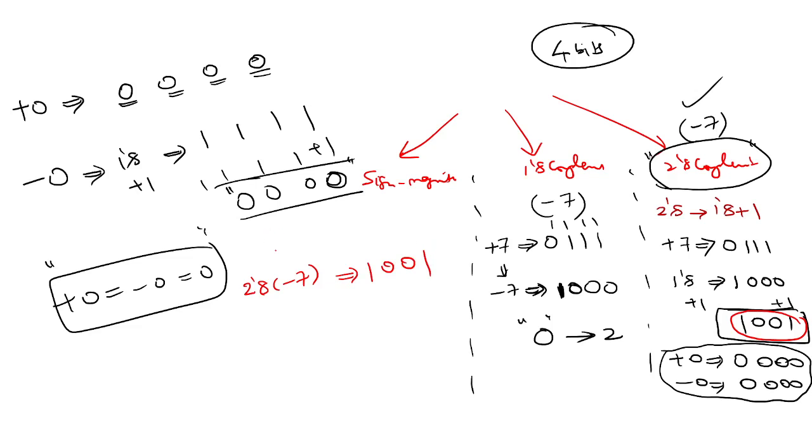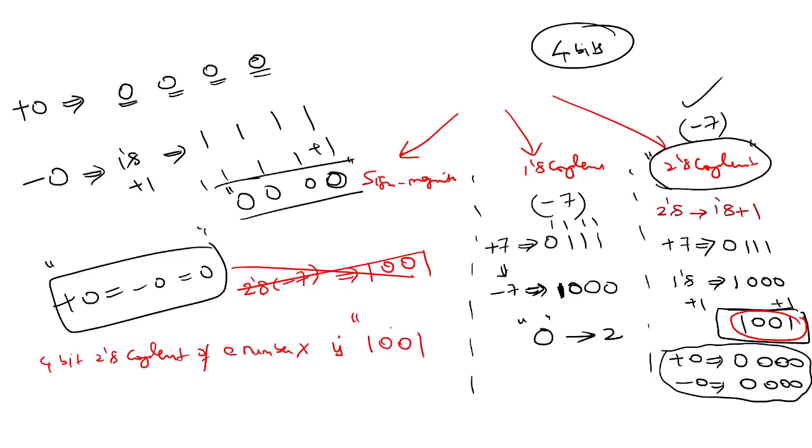Now somebody told you, and you don't know this, that the 4-bit 2's complement of a number x is 1001. They ask you how to find x. What will you do?